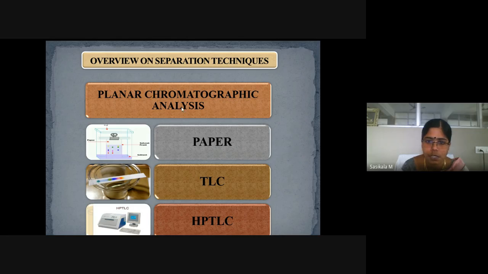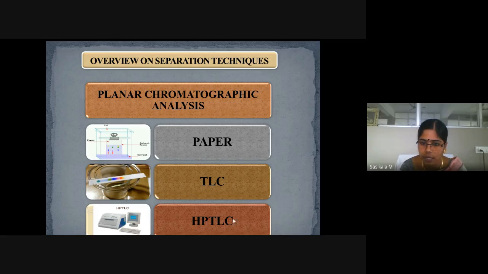What are the different types of planar chromatography? Paper chromatography and thin layer chromatography. TLC is nothing but thin layer. You can see the thin layer. Over the thin layer, the sample is separated into individual components. So this is called thin layer chromatography. This is high performance thin layer chromatography, which is applicable for quantitative analysis.